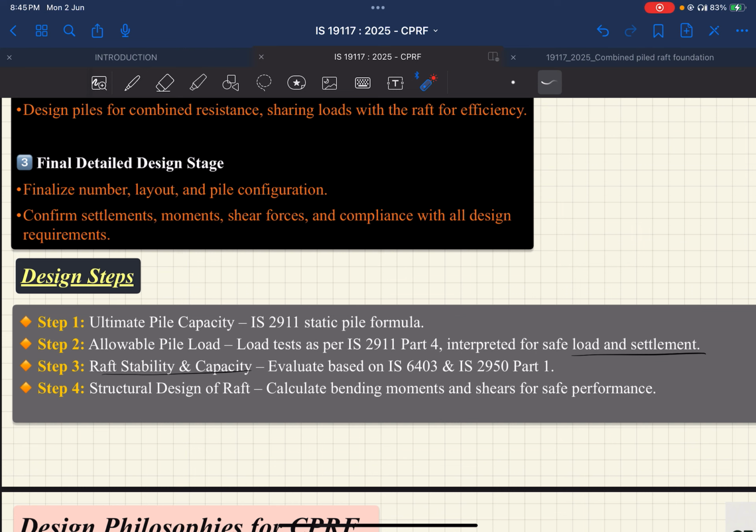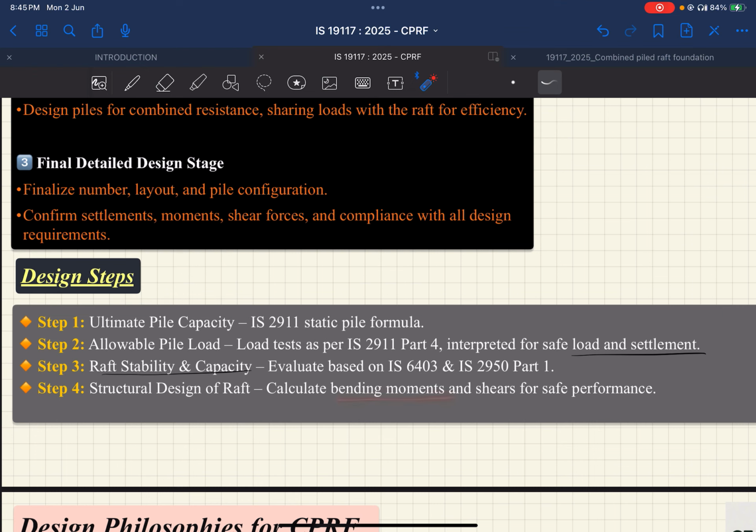Assess the stability and capacity of the raft foundation based on the ground parameters, following the guidelines of IS 6403 and IS 2950 Part 1. This code provides a method for evaluating bearing capacity and settlements for raft foundation, taking into account soil strength, compressibility, and loading conditions.